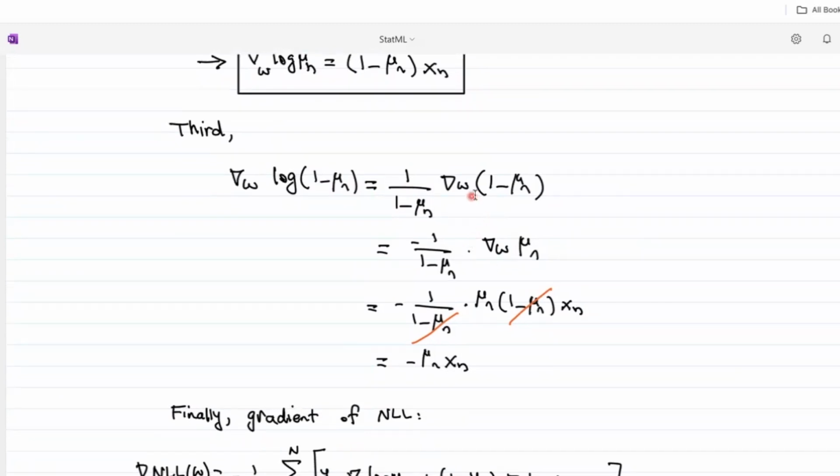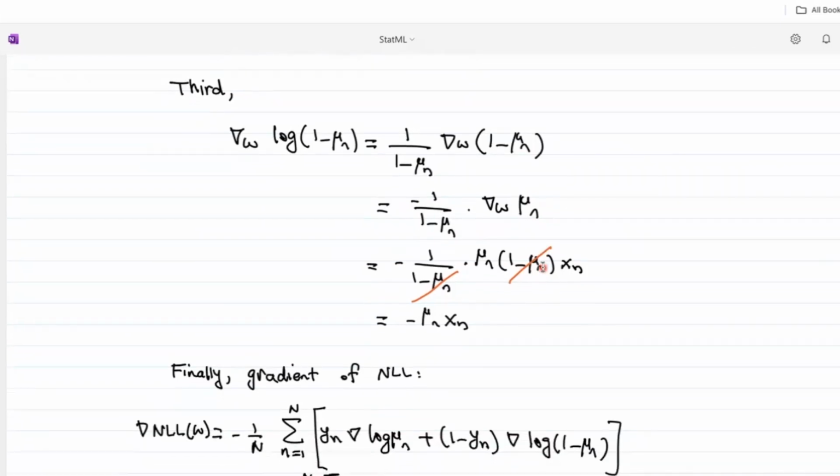And then we have a negative sign here because the gradient of 1 is 0, it's constant, and then we have negative 1 times the gradient of mu n. So we use a lot this linear property of gradients here. And in this case, if we calculate this and plug in the value of the gradient of mu n, you can see that the second part now gets canceled and we get negative mu n xn.